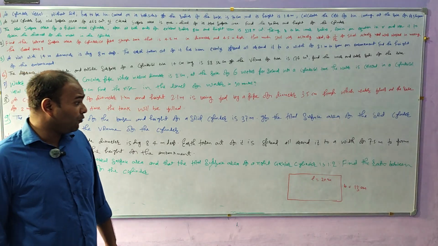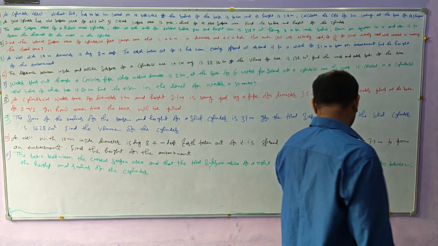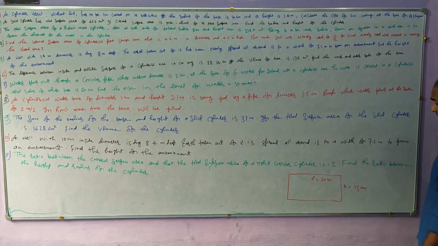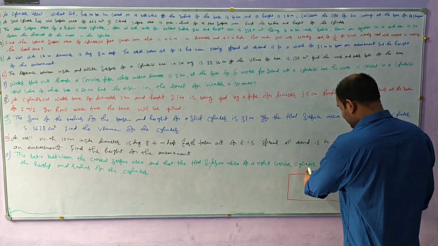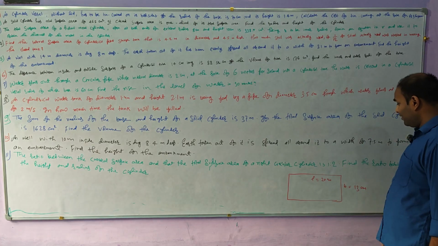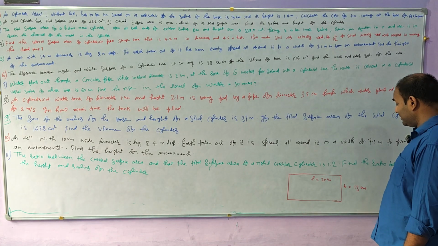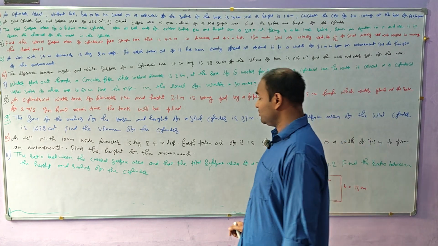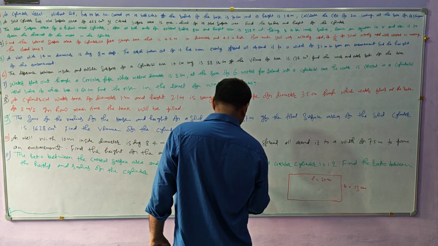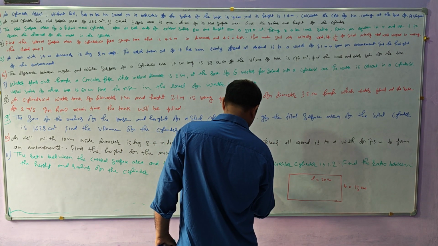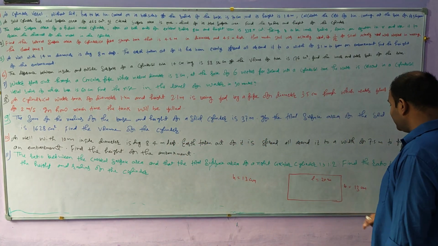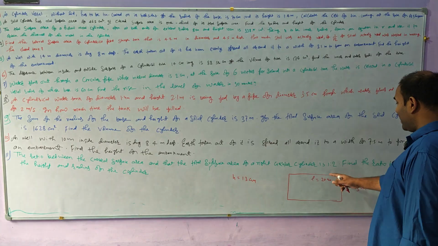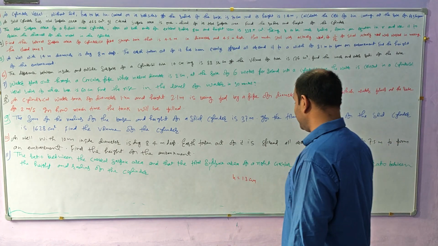Then when we roll it along the length, suppose this side, we get a cylinder with a height of 13 centimeter, and the circular base is formed by the length of 20 centimeter.